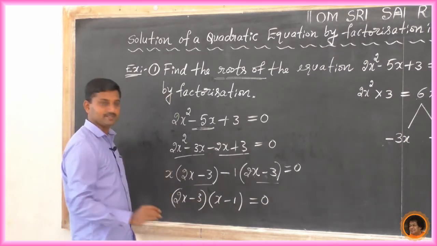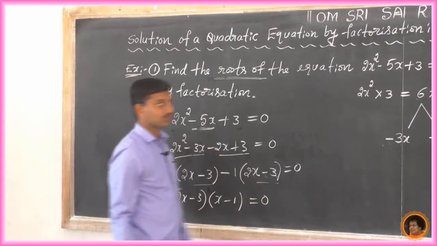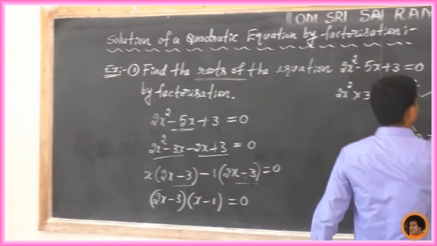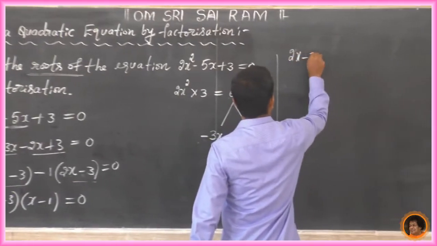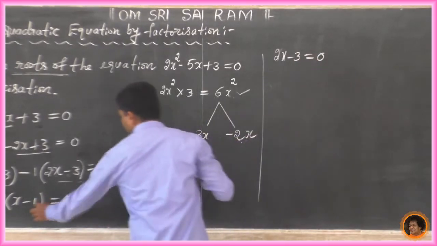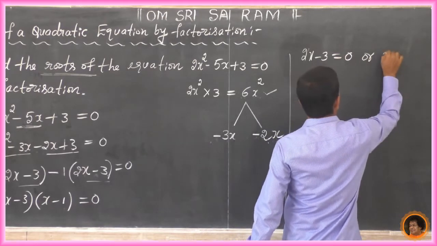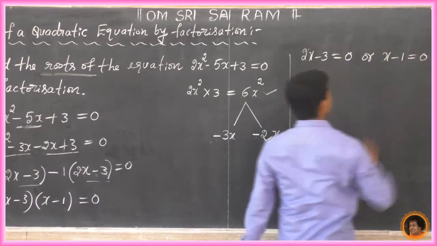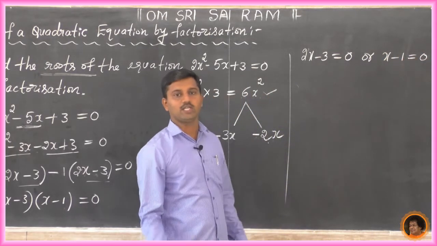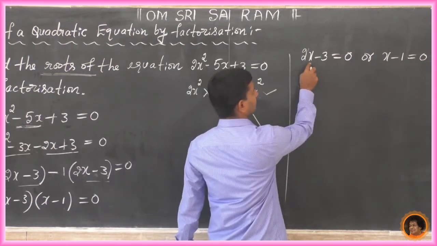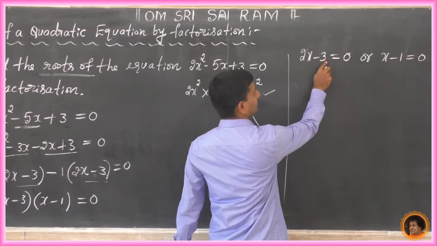Now the last step is to equate with 0. The first factor 2x minus 3 equal to 0, or the second one, x minus 1 equal to 0. Now find the value of x. Here minus 3 is the constant.